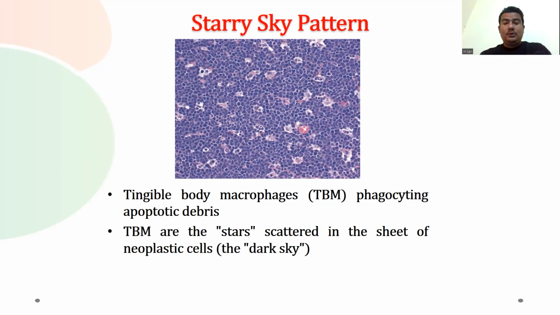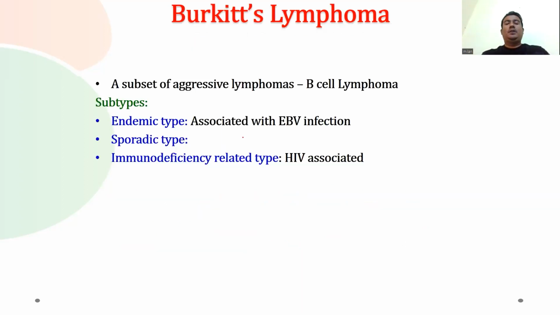If we look into these macrophages, we can see tiny phagocytosed debris within the cytoplasm. Against the background of these dark neoplastic cells, these interspersed tingible body macrophages impart the starry sky pattern, stars in the dark sky, and this is pathognomonic of Burkitt's lymphoma.